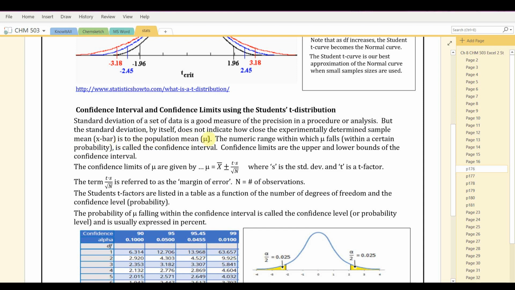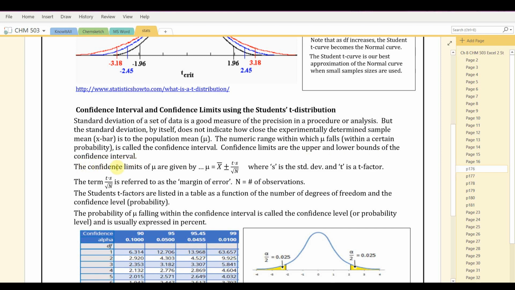Did you appreciate that? When you calculate a sample mean, it doesn't necessarily tell you where the population mean is. The numeric range within which the population mean falls within a certain probability is called the confidence interval. Confidence limits are the upper and lower bounds of the confidence interval.